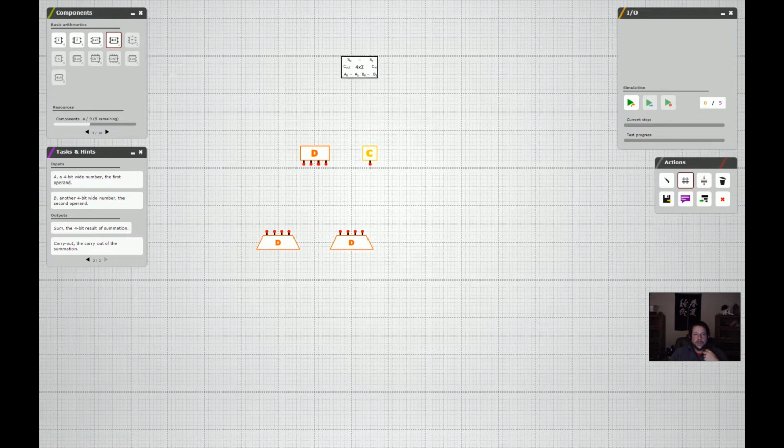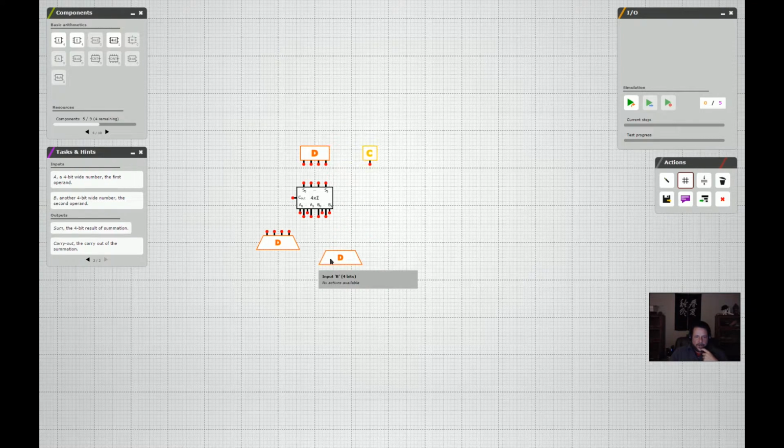Let's just put one of these on the table here. I think this one is going to have 2 4-bit numbers in, 1 4-bit number out, and a carry out. We don't have a carry in here, so let's take the half adder, which doesn't have a carry in. So I think this is the gadget we're going to want.